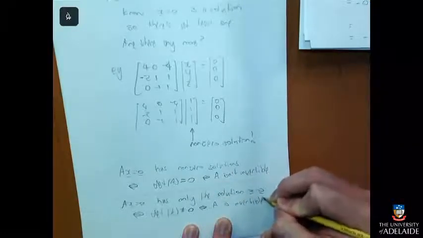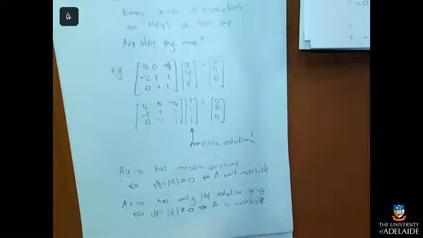So sadly, it feels backwards, right? Having non-zero solutions feels like it should go with it not being something, but it doesn't. It goes with it being 0. Yep. So if the determinant is 0, you're guaranteed to be able to get more than one solution.